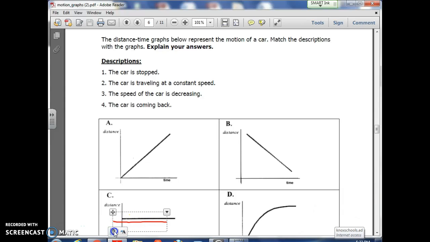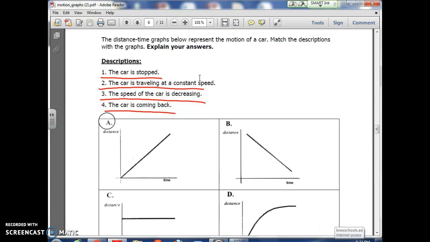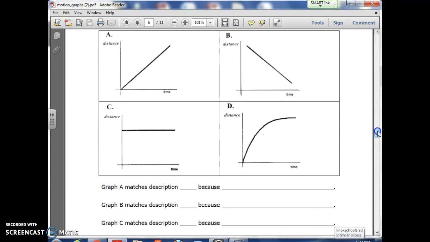Alright, turn your page one more time. And what you need to do is take the descriptions up here at the top. So description 1, car stopped. 2, car is traveling constant speed. 3, speed is decreasing. 4, car is coming back. Alright, see if you can match those, 1, 2, 3, and 4, with the graphs down here at the bottom.